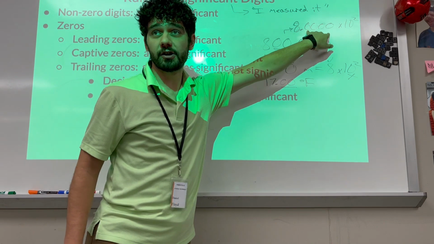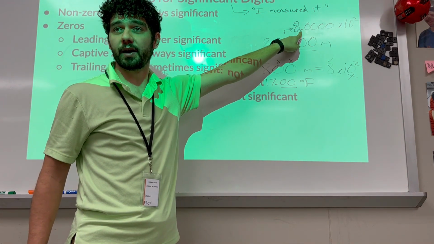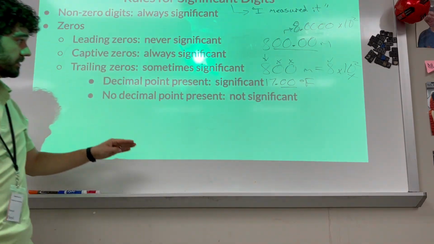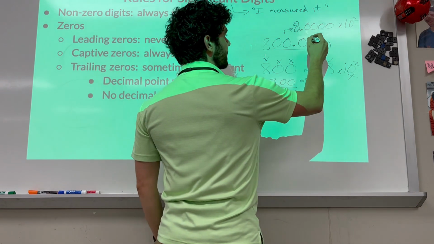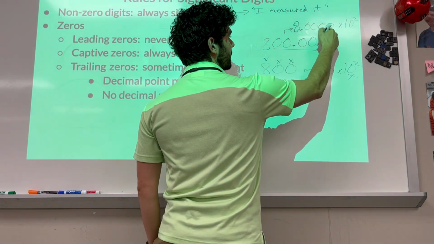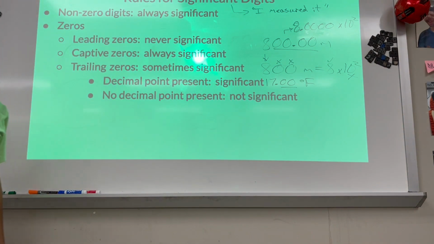These are trailing zeros, yes. There is a decimal point in the measurement somewhere. So those zeros are significant. So I have 1, 2, 3, 4, 5 significant digits. Cool. So it works in both ways of writing numbers.